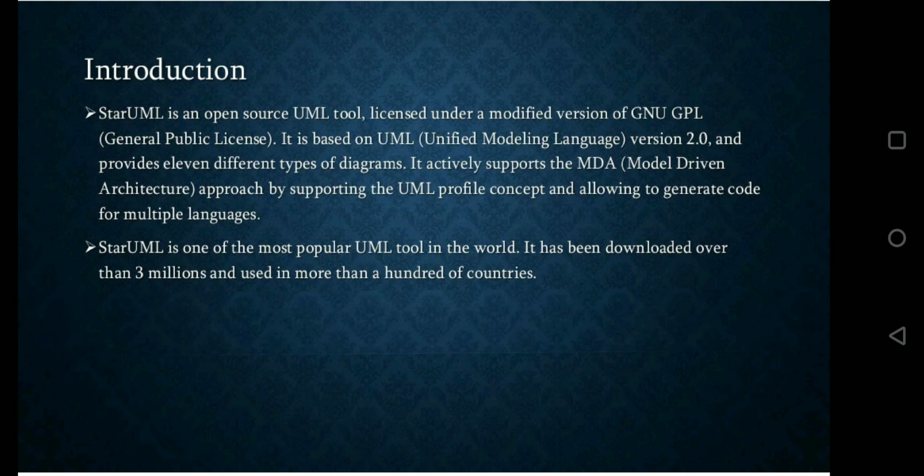It actively supports the MDA, model driven architecture, approach by supporting the UML profile concept and allowing to generate code for multiple languages. Star UML is one of the most popular UML tools in the world. It has been downloaded more than 3 million times and used in more than 100 countries.